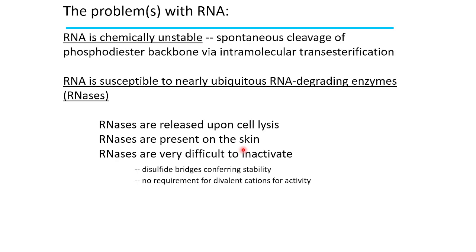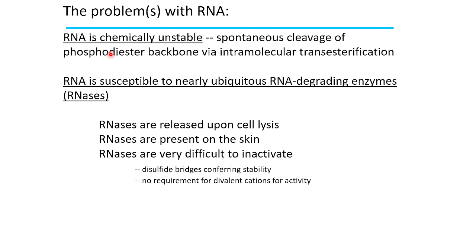But what is the problem with RNA? We are all aware of it. RNA is chemically unstable, with spontaneous cleavage of the phosphodiester backbone via intramolecular transesterification. RNA is also more susceptible to nearly ubiquitous RNA degrading enzymes, the RNases.